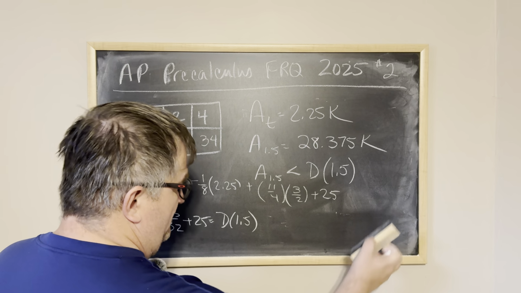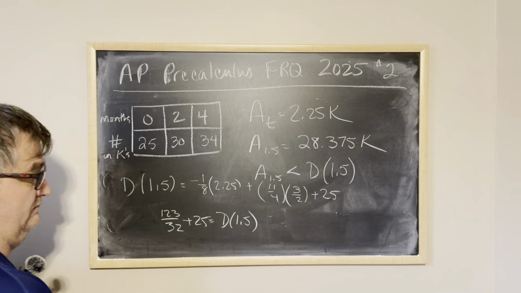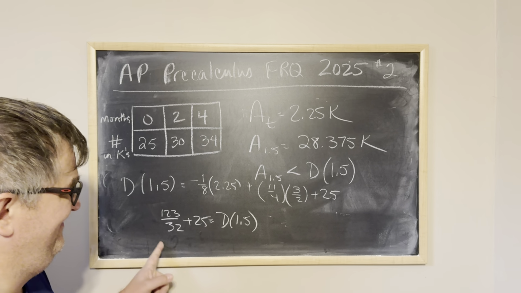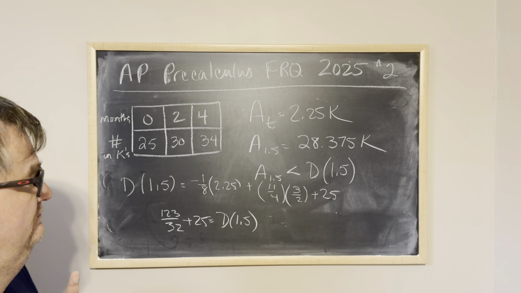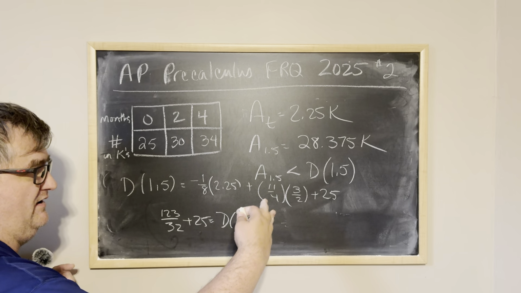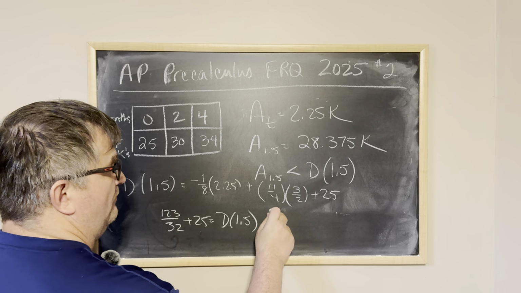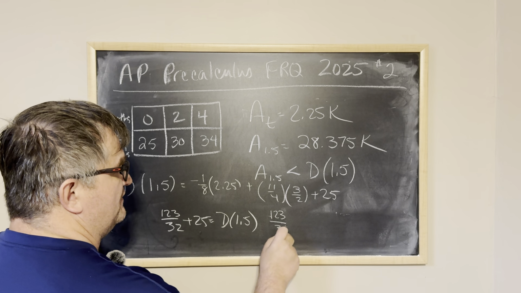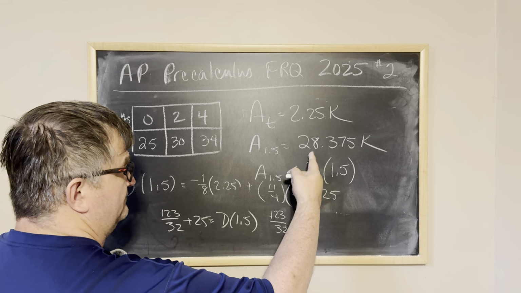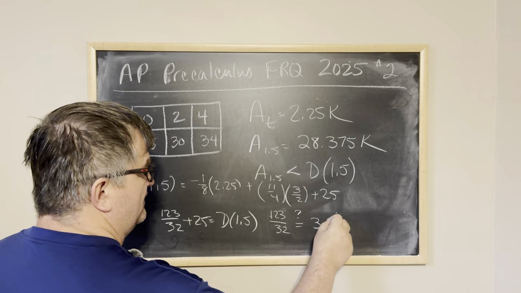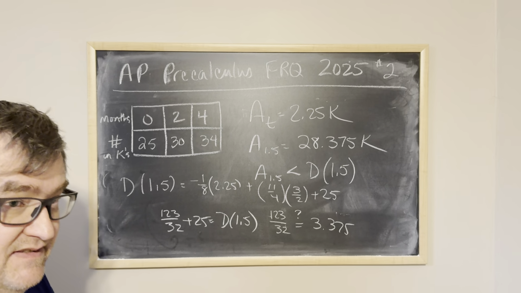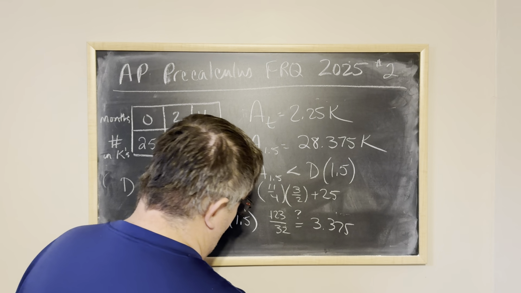Okay. When you compare, what you find out is this value here, because if you set them to figure out which is greater, what happens is you have 123 over 32 versus 3.375. Astute students should realize that's 3/8.